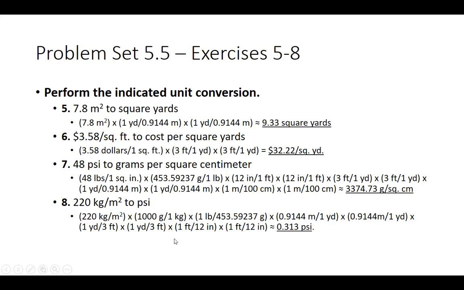We can do the math. 220 divided by 1 times 1,000 divided by 1 times 1 divided by 453.59237 times 0.9144 divided by 1 times 0.9144 divided by 1 times 1 divided by 3 times 1 divided by 3 times 1 divided by 12 times 1 divided by 12.